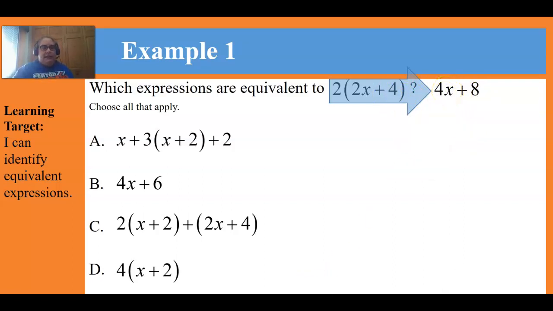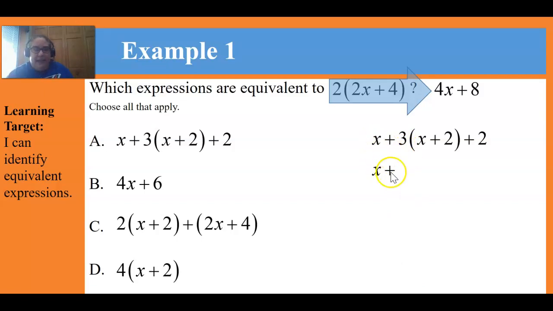So let's take a look at this first choice. Does this expression simplify to 4x plus 8? So we'll get some room to work. I've got a lot going on here, but those are not like terms. They can't be combined anyway, but anyway, it's addition. According to order of operations, we would be doing multiplication anyway. Inside the parentheses, there's not like terms. So I think my first step is going to be to distribute that 3.